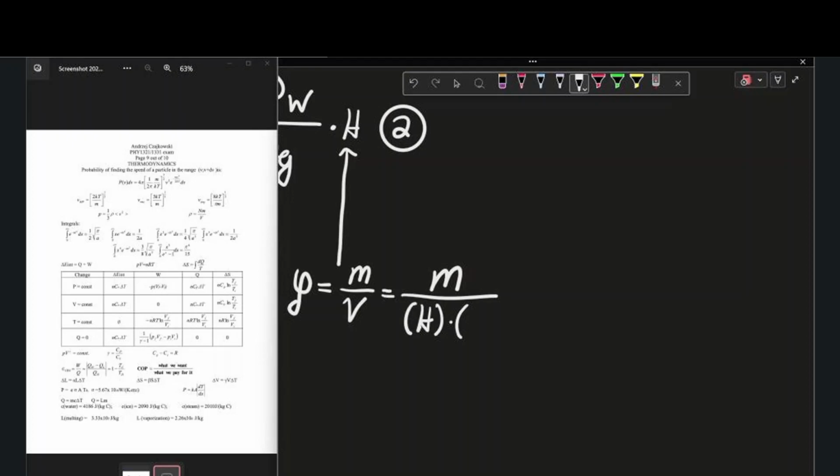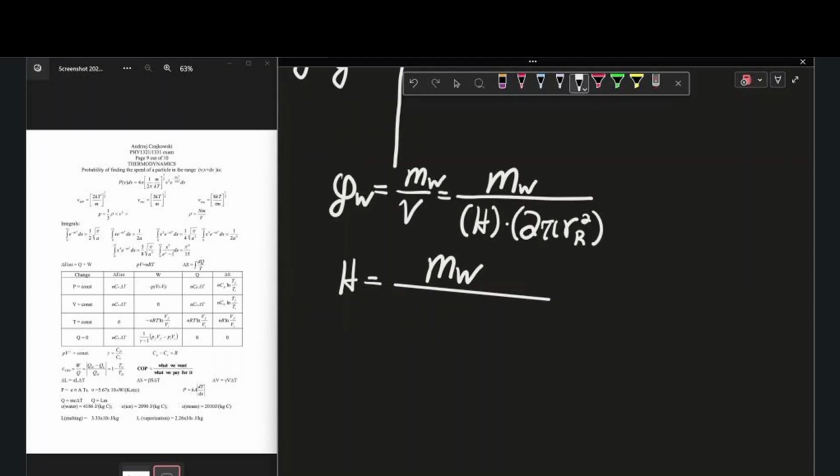And what would this r be? It'd be the radius of the right opening. And from here, we can just isolate for H because we know the density of water. We also know the mass of water, and we know everything else. So here, H becomes the mass of water over the density of water times 2 pi times the radius of the right opening squared.